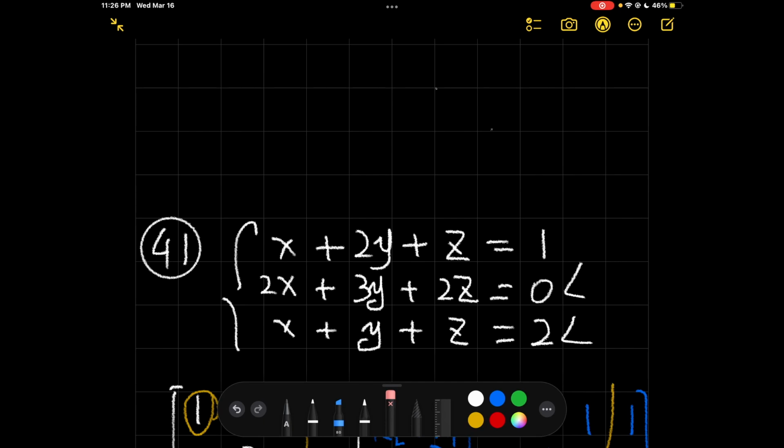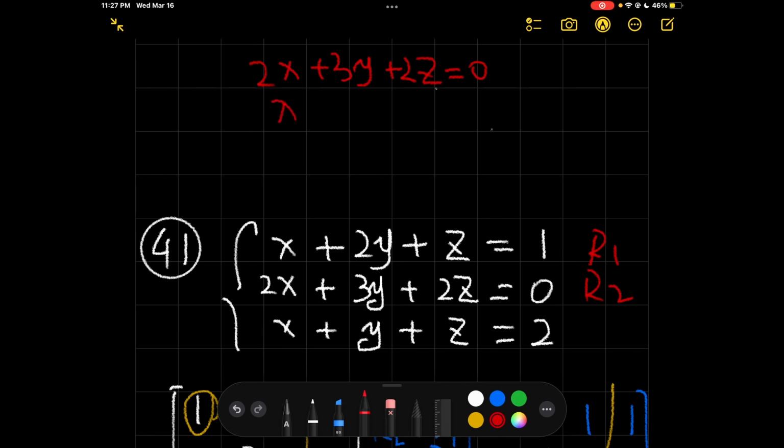So when we try to find any relation, let's say this is row 1 and row 2, and we can find row 2 minus row 1. It looks like row 3, right? So 2x plus 3y plus 2z equals 0, and x plus 2y plus z equals 1.